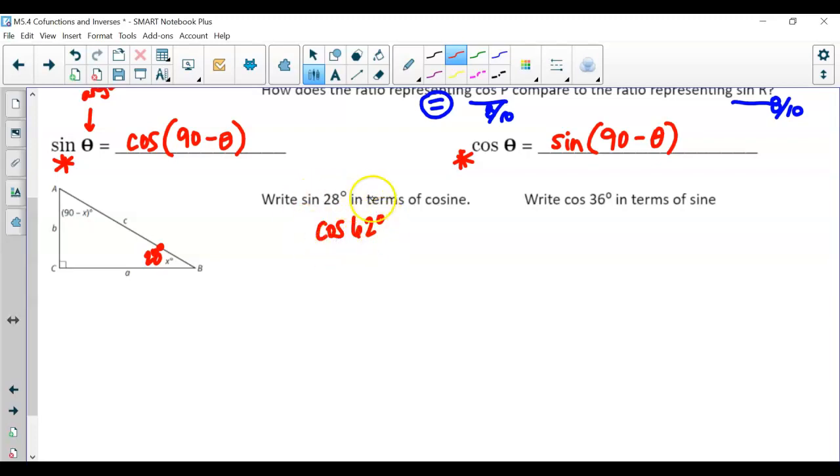So again, that's how we write sine of 28 in the form of cosine. So again, how do we write cosine of 36 degrees in terms of sine? This is not sine of 36 degrees, right? It's sine of 90 minus 36, which is 54 degrees.